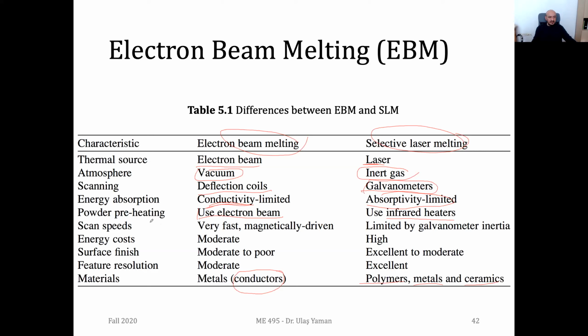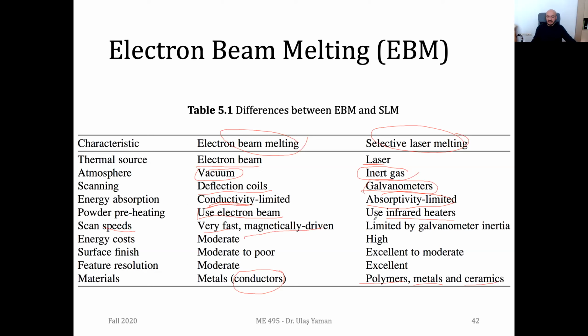And another issue about properties is scanning speed. For the electron beam, it's quite fast, since it's easier to deflect with the coils, and they are magnetically driven. By increasing their current a little bit, you can easily position your electron beam on the table.